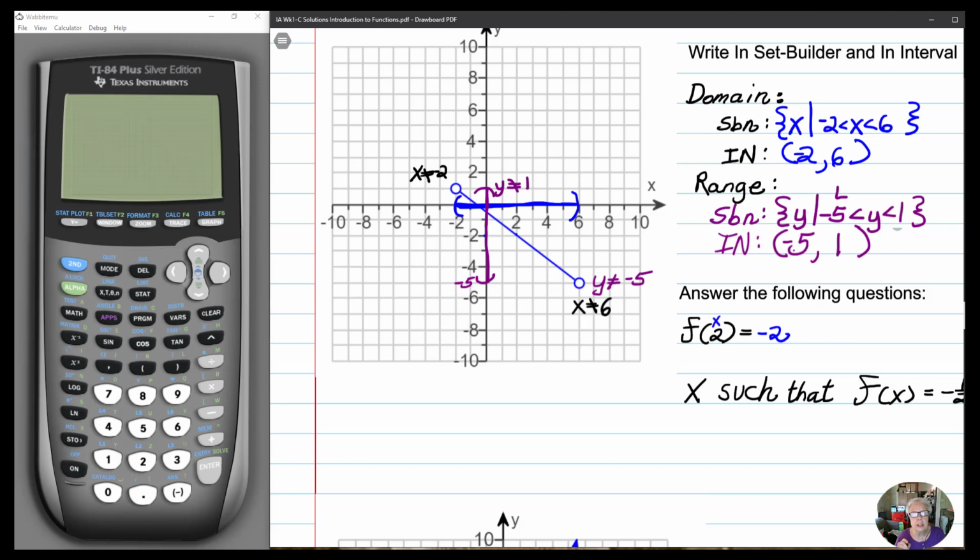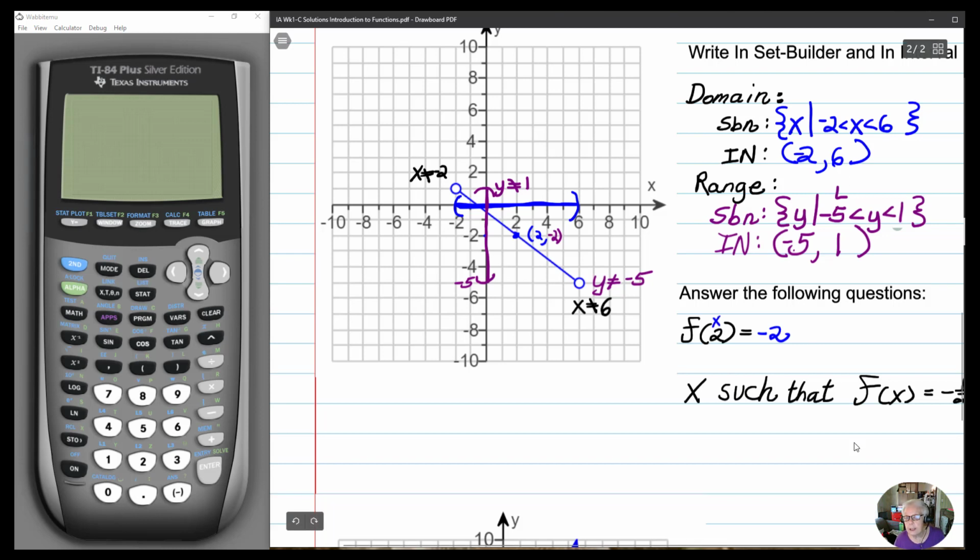So what the function does is it takes +2 on the x-axis and pairs it with -2 on the y-axis, and it gives us this point, (2, -2). That's what functions do.